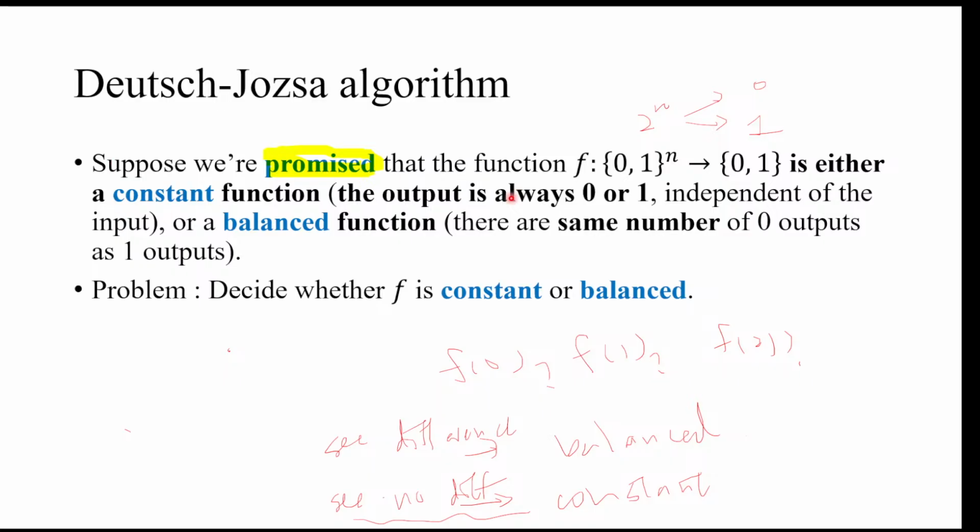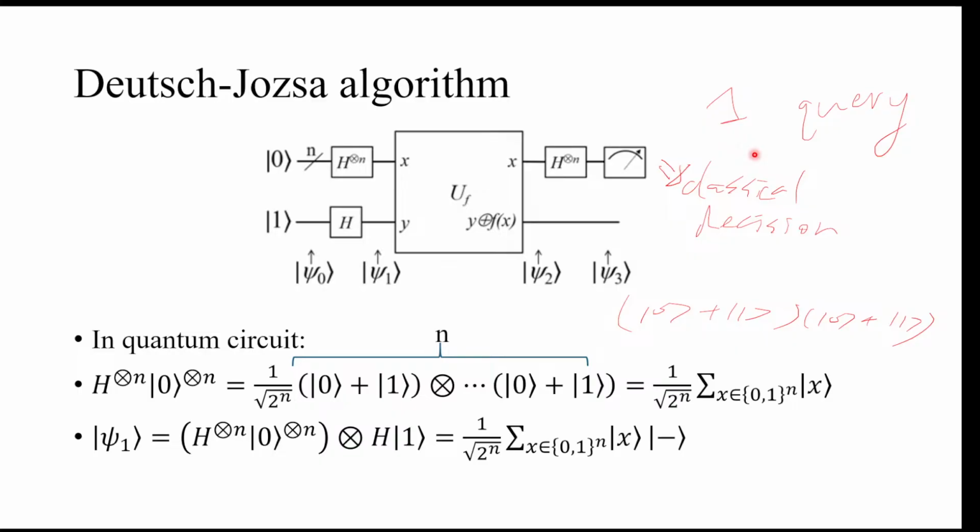Constant means the output is always 0 or 1, and balanced means that when you look at the truth table, the number of inputs which give 0 as output is the same as the number of inputs that give 1 as output.